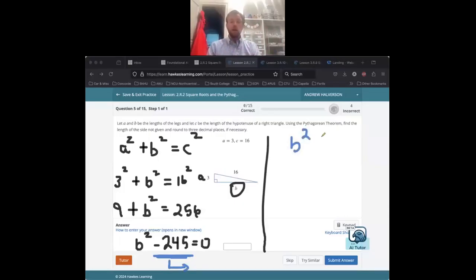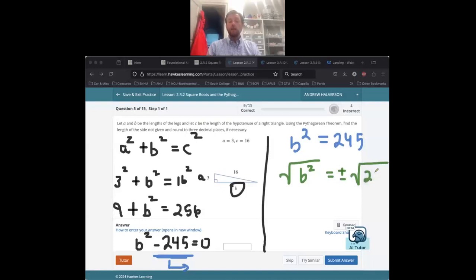So we'll add 245 to each side. And because we have this special circumstance with just a b squared part, we can take the square root of each side. We can undo the square by taking the square root.